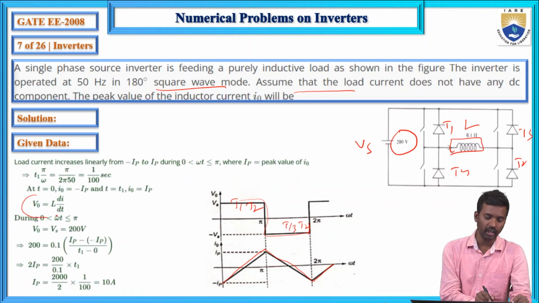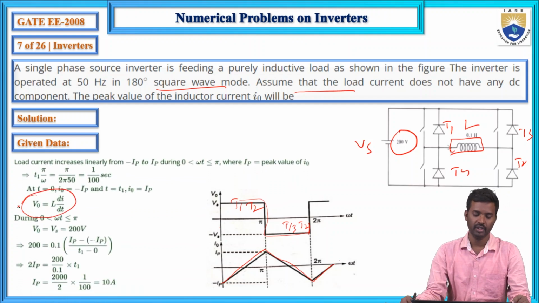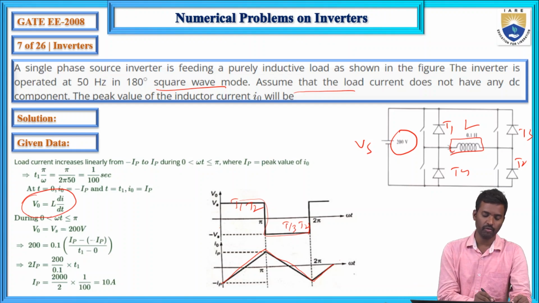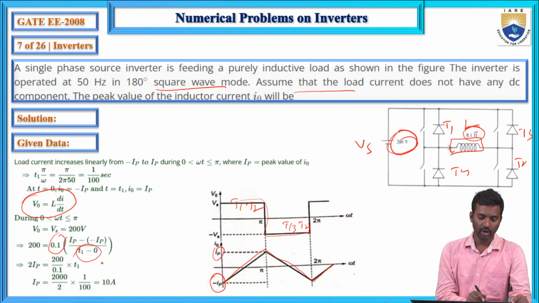Actually V0 equals L di by dt. We know this formula very well, V0 equals 200. The L value is given as 0.1, and di by dt means IP minus I0 over T1 minus T0. From this you will get the IP value.